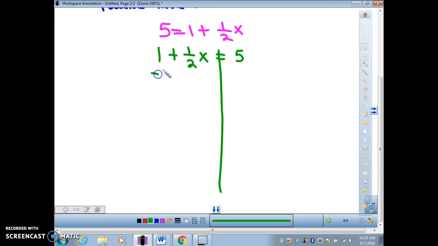Okay, so I'm going to subtract 1. And then multiply by my reciprocal. Okay. And Paula has $8.